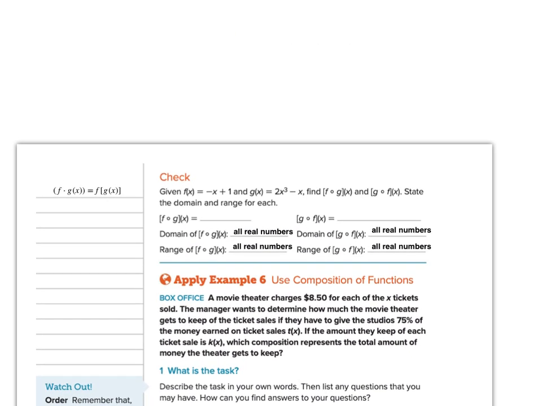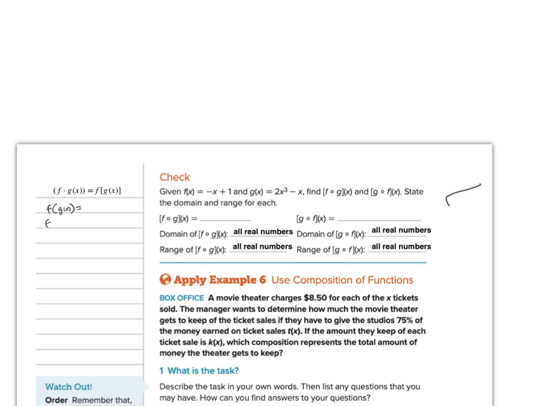Let me see here. I've given you the domain and ranges here on these, but again, check. Given f of x and g of x, find f of g of x and g of f of x. So f of g of x is going to be, we take f and we put g of x in it.